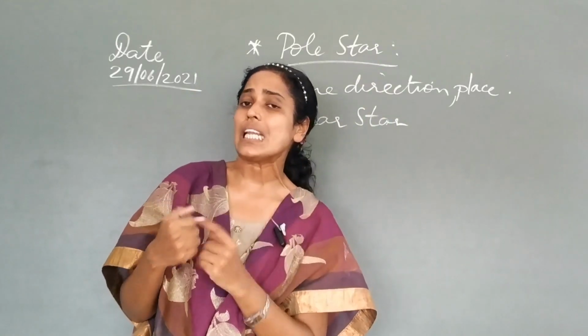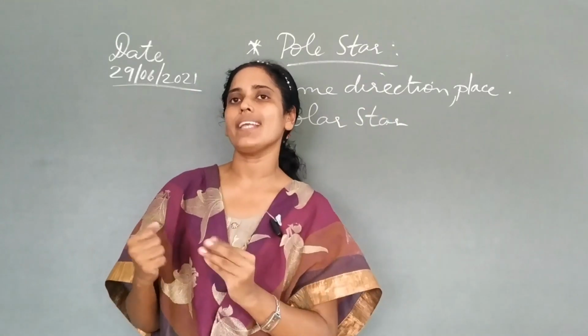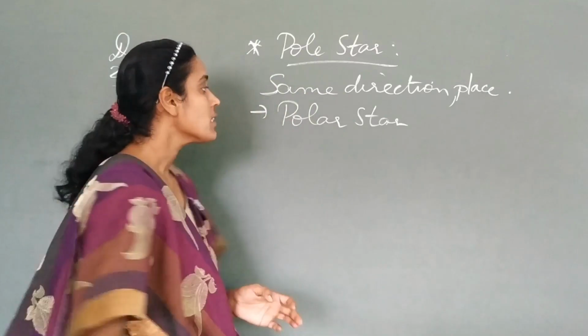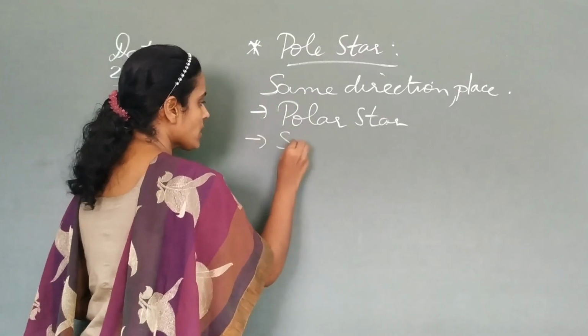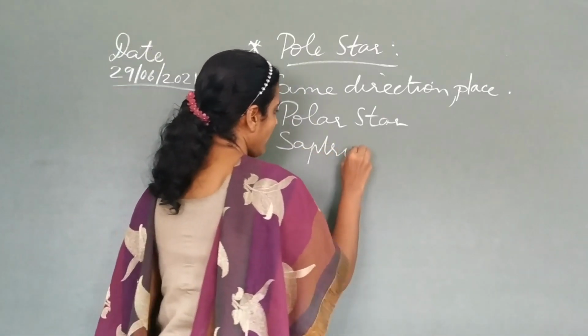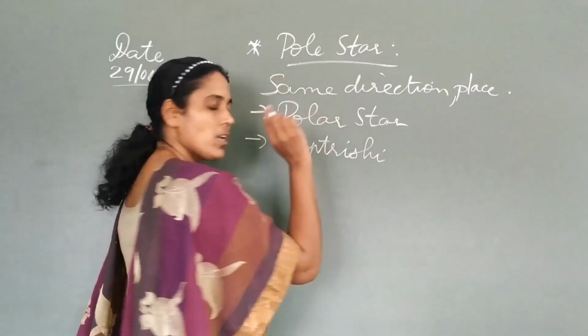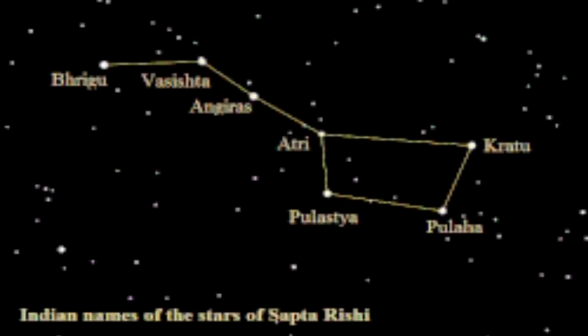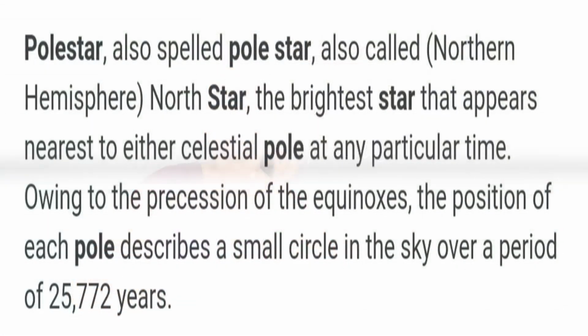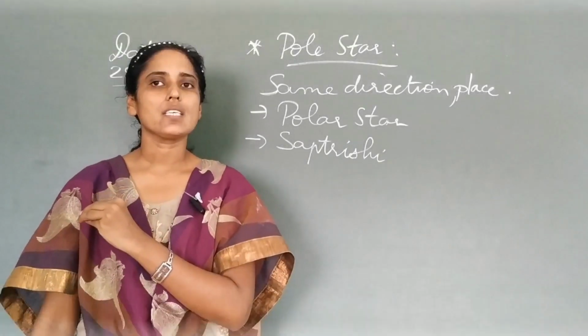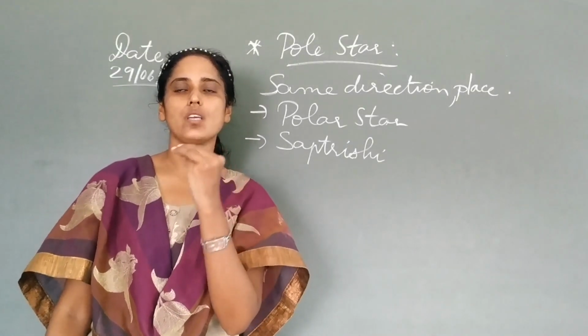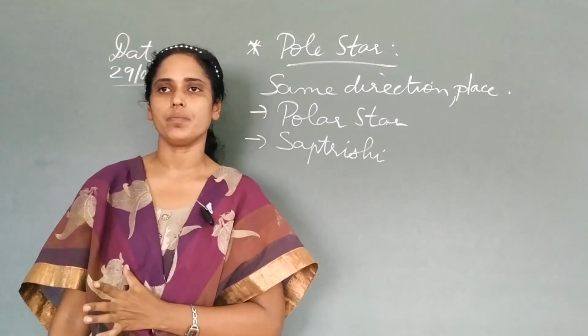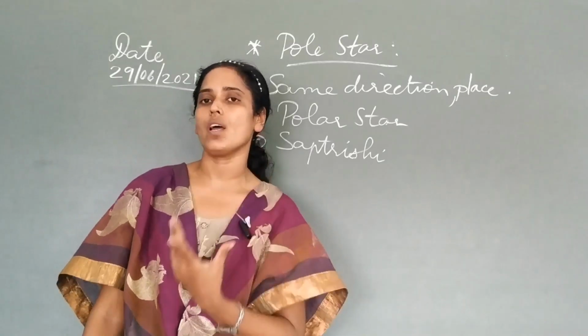And it is easily detected. It can be easily recognized with the help of the constellation St. You will see a bright star while moving in the direction of an imaginary line connecting the two stars in front of the St. And that is the polar star.